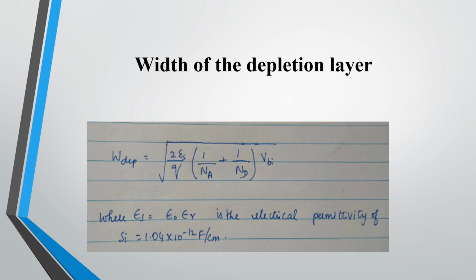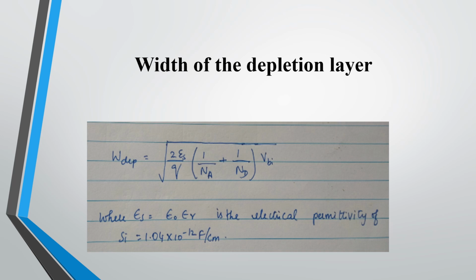Epsilon s is the electrical permittivity of silicon, here I'm taking silicon as an example, which has a value of 1.04 into 10 to the power minus 12 farad per centimeter. As we know, Na is the acceptor concentration and Nd is the donor concentration.